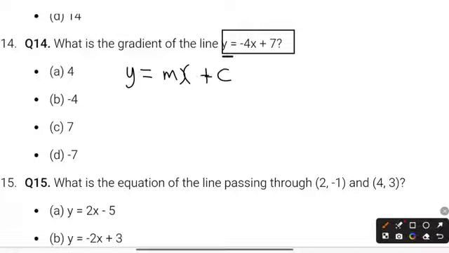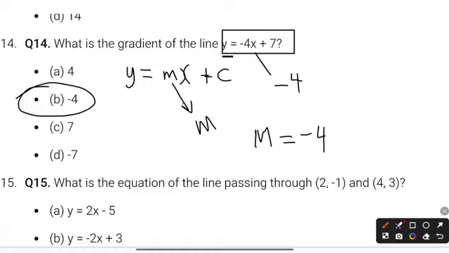The coefficient of x here is minus 4, and the coefficient of x is m, which is the gradient. Comparing both, our m is minus 4, which is our gradient. So option B is the solution.